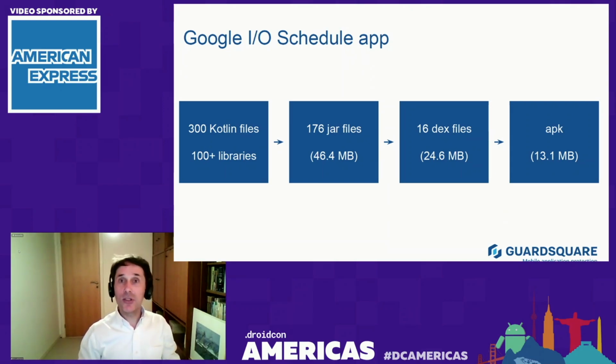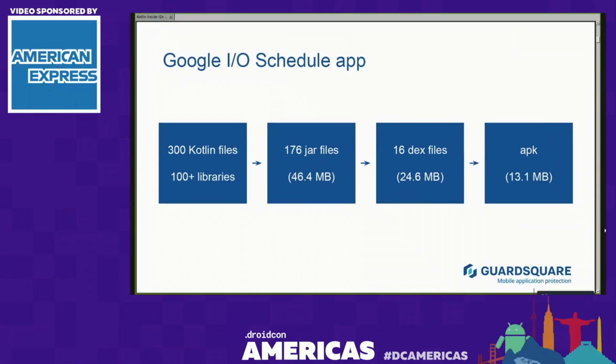All of that amounts to 176 jar files, which contain Java bytecode, of course, and those bytecode files are compiled onto Dalvik bytecode files. In the debug version, that's about 16 DEX files amounting to 24 megabytes. All of that gets packaged in the final APK, which is about 13 megabytes in its debug version. So it's smaller than the DEX files combined because the DEX files, of course, can be compressed.